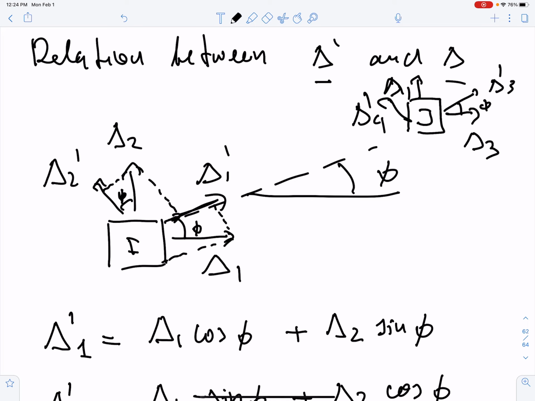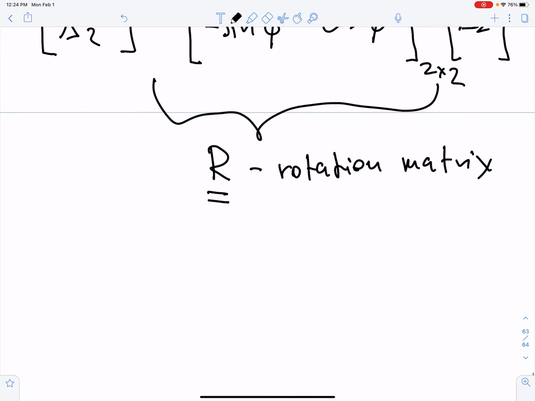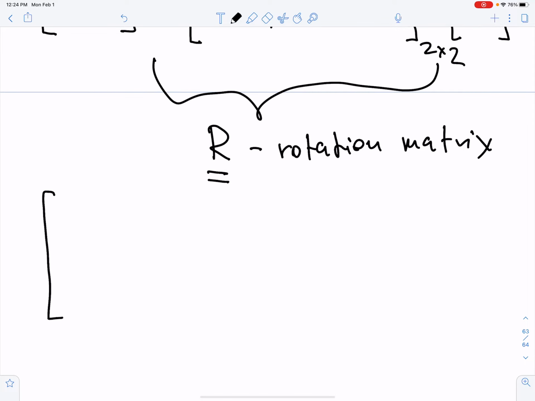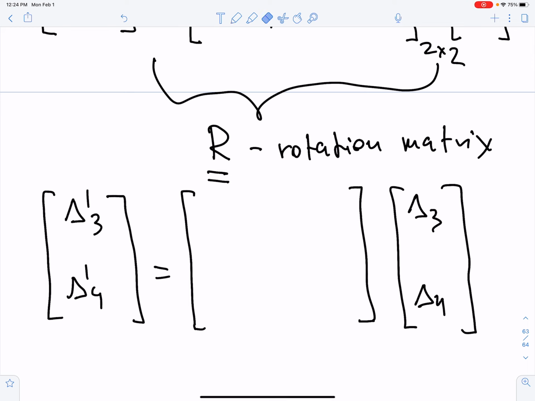As a result, without going into too much detail, you can see right away that delta prime 3 and delta prime 4 are related to delta 3 and delta 4 through the exact same transformation, because the bar is straight.